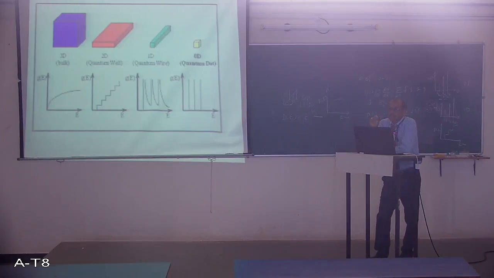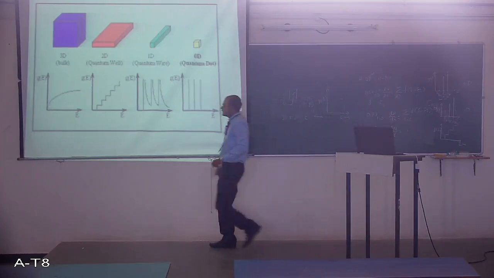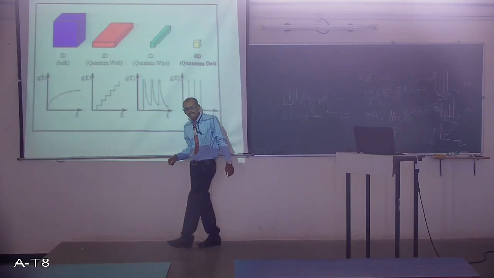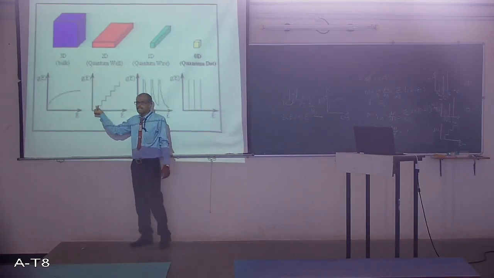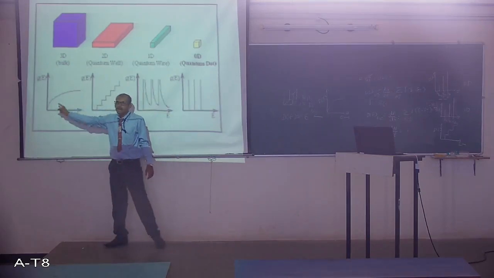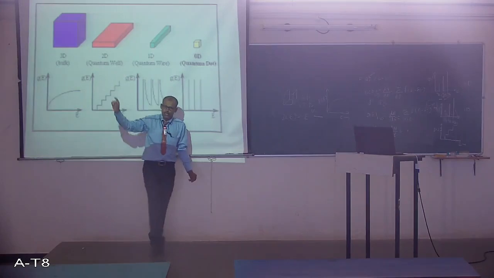In the case of quantum well, as the energy increases, the density of states does not increase continuously. It looks like a staircase. It forms a subband. This is the width of the subband. As the particle size increases, the subband width decreases up to a particular limit. After that, again it forms the bulk material. It is a parabolic nature.